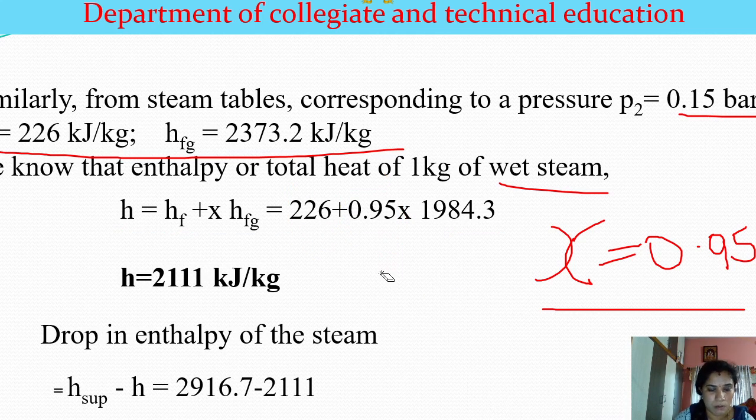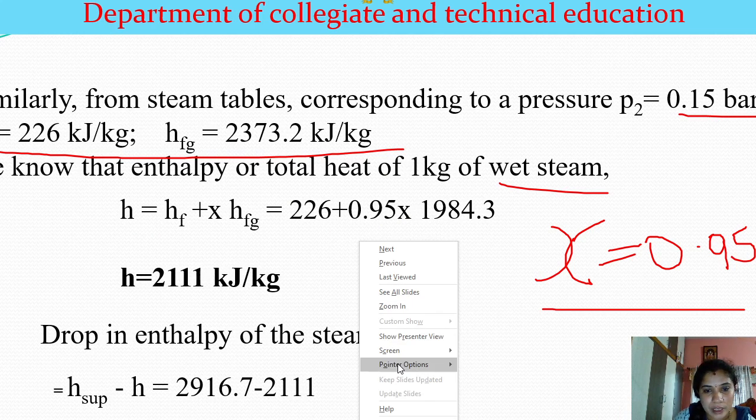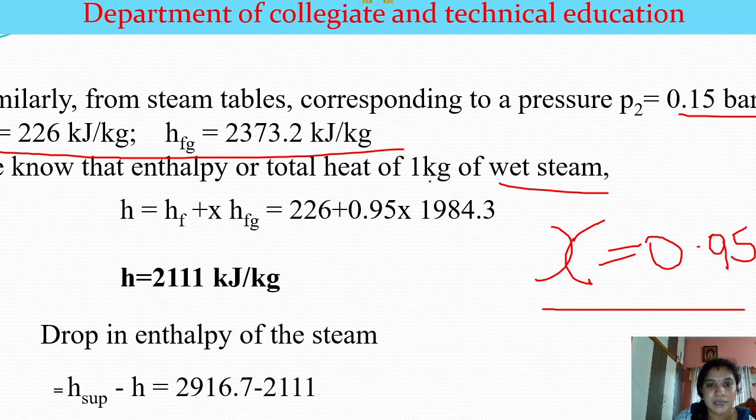I've erased the things, so I'll take the pen. First, you multiply these two things, so you'll get some answer. Then you add that answer with 226, and you'll get this answer. You please work it out using paper and calculator and verify your answer with the answer I got.